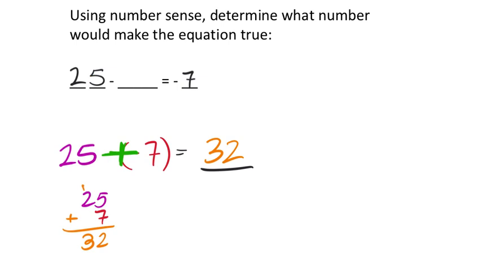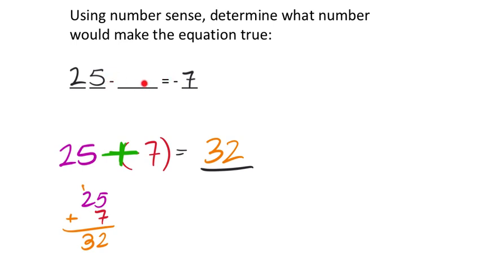Now, another way to look at this without doing the fact family stuff is you'd first figure out if this number is positive or negative. If you've got 25 and you're subtracting something to make it negative, it doesn't have to be negative, but it does have to be bigger than 25. It's like you've got 25 bucks, you're going to spend something, but in the end, you're going to have -7 bucks.